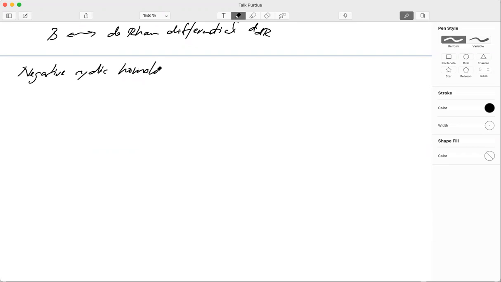So negative cyclic homology: I'm going to denote a certain chain complex like this. I take my Hochschild chains, and I take many copies of it. I'm going to shift these copies by adding a certain variable u of degree +2.